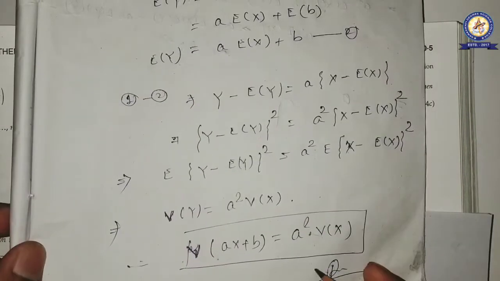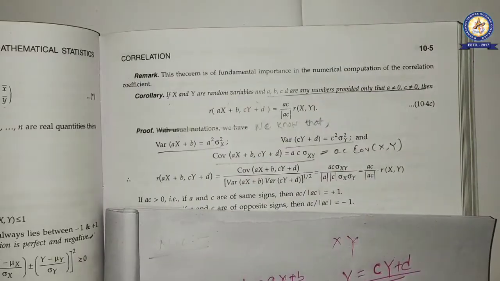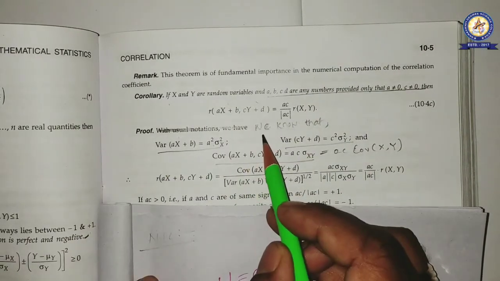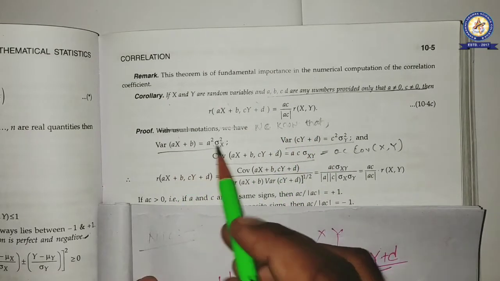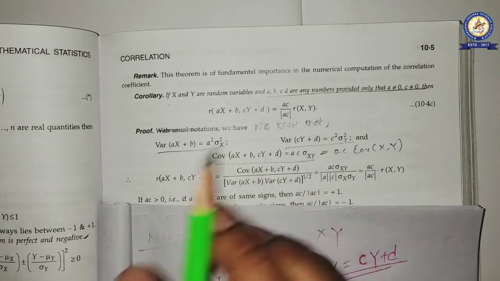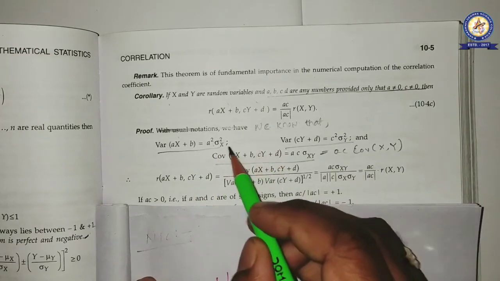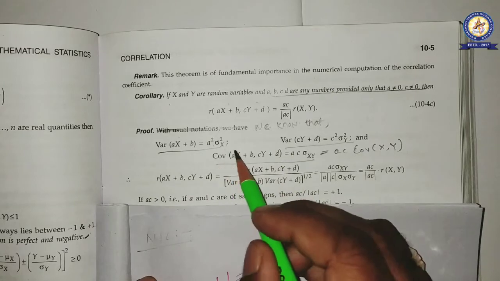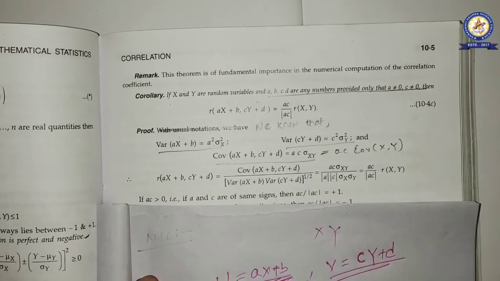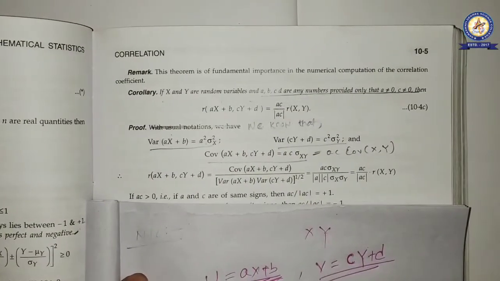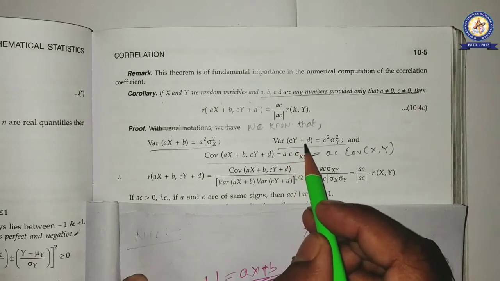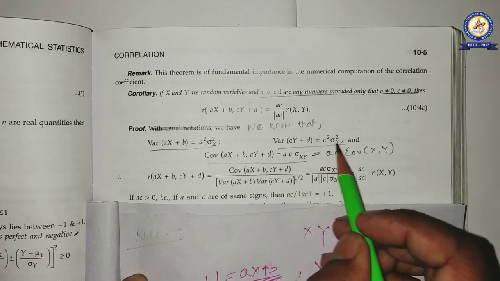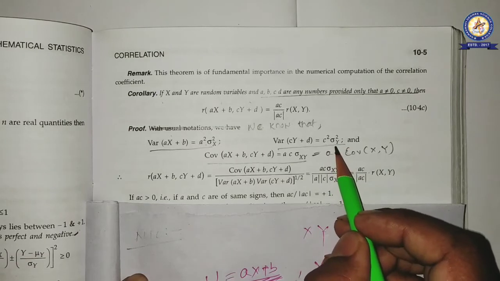At that time we proved it, so the same thing I have written here. We know that variance of ax plus b equals a square sigma x square, or variance of x; and variance of cy plus d, similarly, will be c square variance of y, or sigma y square.